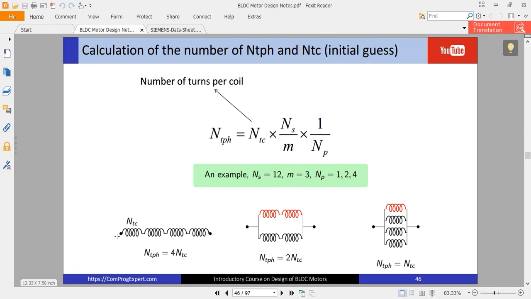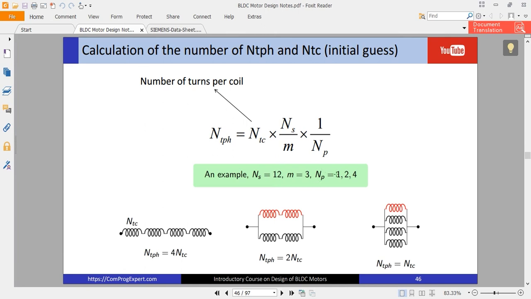Okay, we can connect all coils in series. So number of turns in each phase, NT phase, actually this is number of effective turns in each phase, is equal to 4 times NTC. In this case, NTC is the number of turns in each coil. So number of effective turns is the number of turns between these two coil terminals.